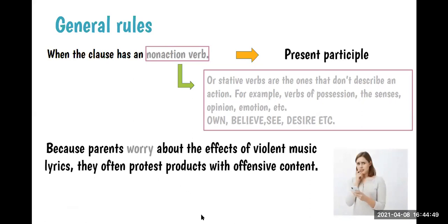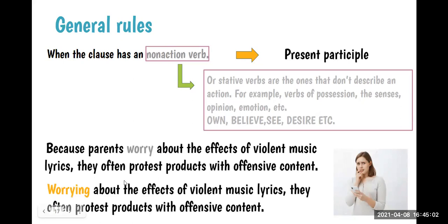How can we change this sentence? Worrying about the effect of violent music lyrics. Yes, very good. So we can say worrying about the effects of violent music lyrics, they often protest. Instead of saying they, here we can say parents.